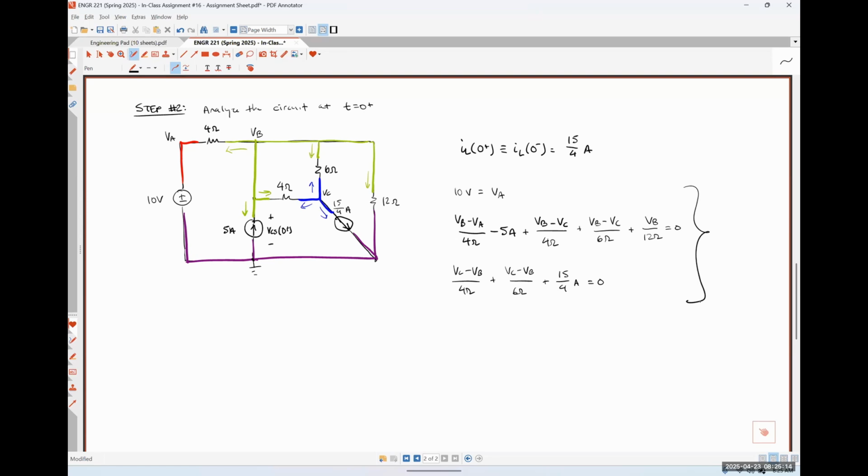In my third equation, my coefficient for VA is 0. My coefficient for VB is negative 1 over 4, minus 1 over 6. Sorry, I got ahead of myself. My coefficient for VC is 1 over 4 plus 1 over 6. And my constant term is going to be negative 15 over 4.